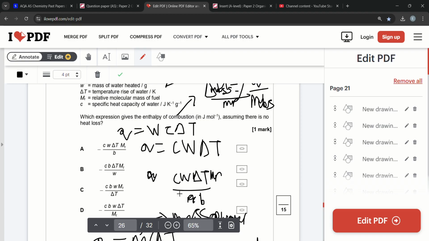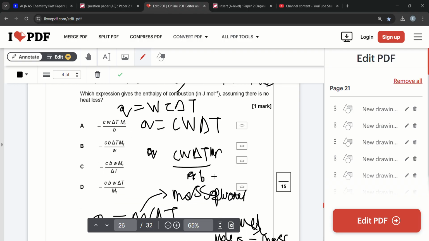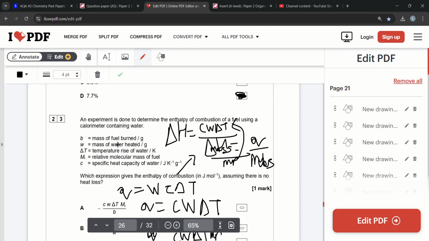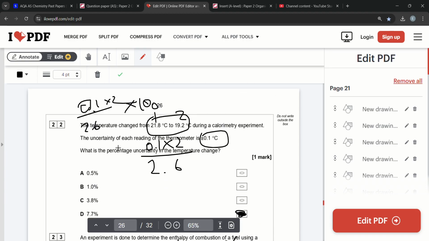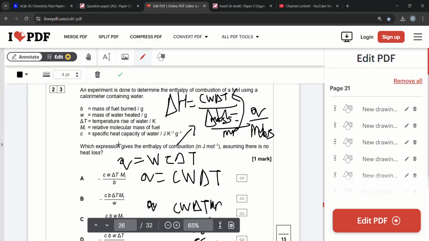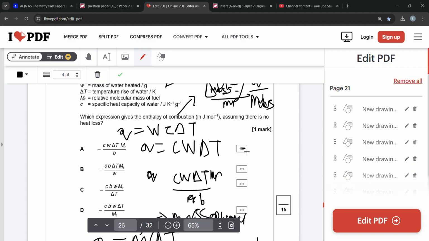Okay, bit tricky one, marker. So we've got CW delta T mR divided by B. And all of these are obviously negative because, why is it negative? Enthalpy of combustion, no heat loss, yeah, it's going to be negative. So the answer is actually A.